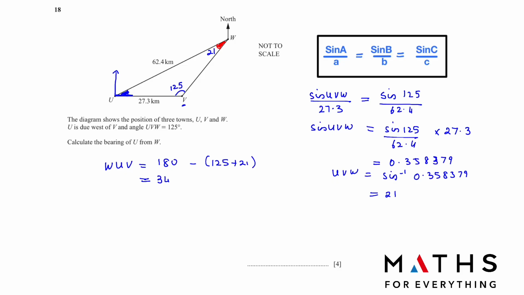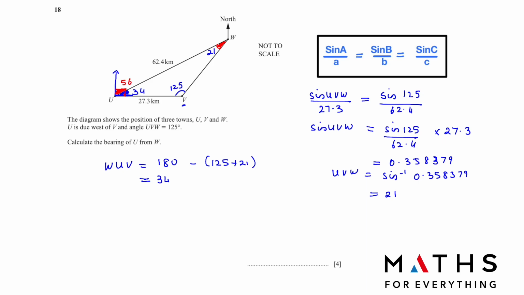This here is 34. This is a right angle. Because it is north and west, right? So it's a right angle. So if I want to find this part here, this angle, we will subtract from 90, 34, and we will get 56.